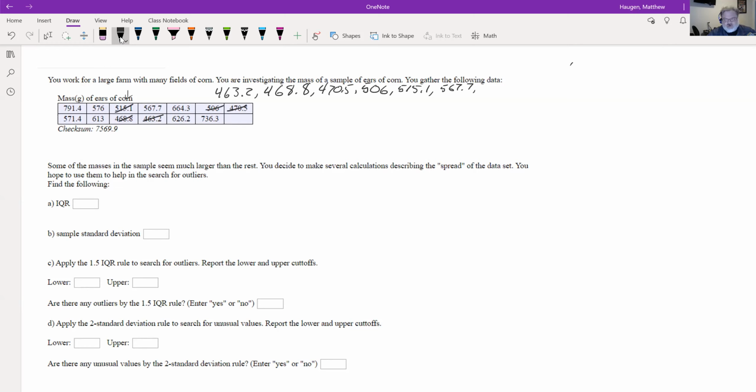So the 645 and a quarter minus the 488 and a quarter. So I'm just going to put the 488 down here and do a little old school subtraction. So what's 17, 5, and 1. So 175. So the 157, sorry. So 157 is our IQR.